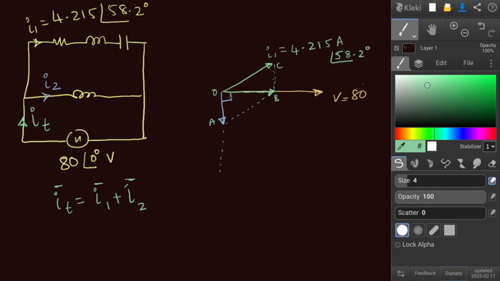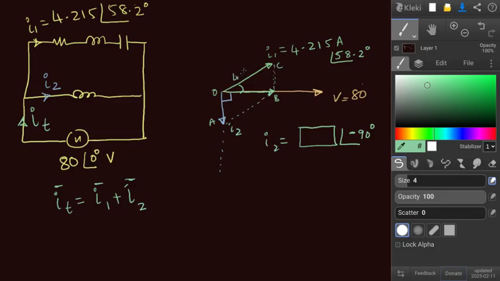Only in that case will the addition of I1 and I2 work out. So what is I2 in this case? I know the angle of I2 is always minus 90 degrees because it's a pure inductance. What is the magnitude of I2? You know this angle and this length.